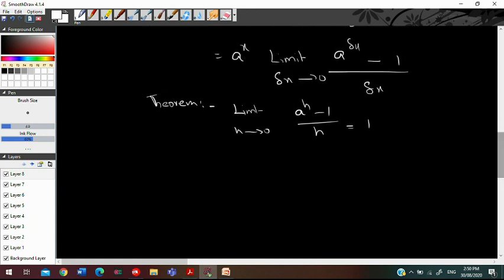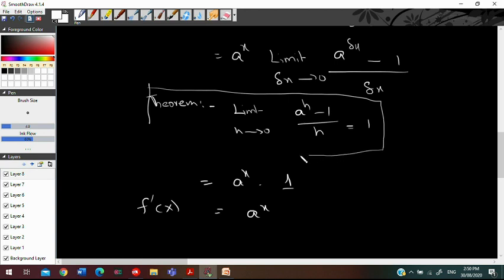This is the result which we will use here, and we can write a power x into 1. So f prime of x, meaning the first derivative of our function, is equal to a power x. Here we have used this statement of this theorem.